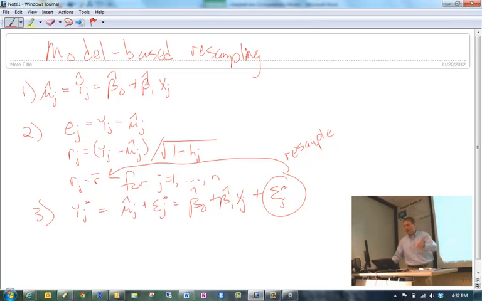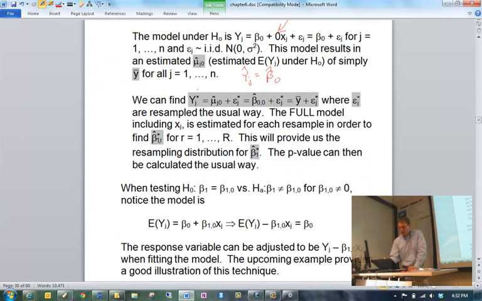We do exactly the same thing here, except we replace this mu hat_j with its estimate under the null hypothesis. These epsilon_j stars come from the model that now had the mu_j under the null hypothesis in it. So here we go. In the end, y_j star ends up being y bar plus these epsilon_j stars.